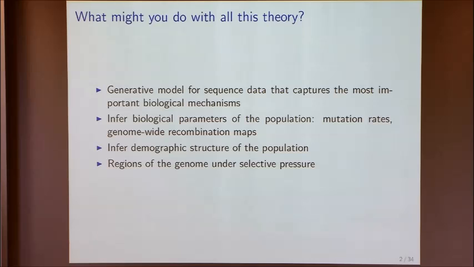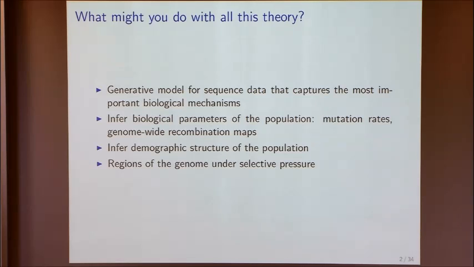And just to step back a bit and see what all this theory that we are developing buys us, and what we would like to do with it. At the most basic level, this theory is a generative model of sequence data, so that when you get this data, you can try to fit the parameters that you're using in this theory.